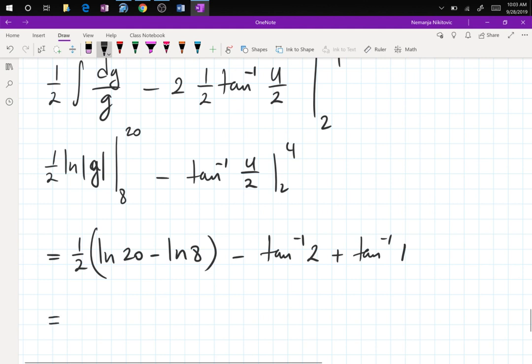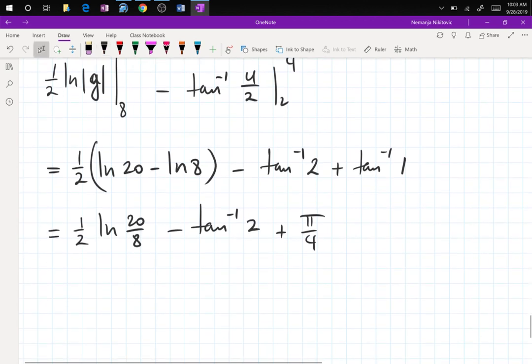So now the boss move is to write this as 20 over 8. So 1/2 ln 20 over 8, because you can combine ln's into a division of arguments, minus tangent inverse of 2 plus pi over 4, because inverse tangent of 1 is 45 degrees.